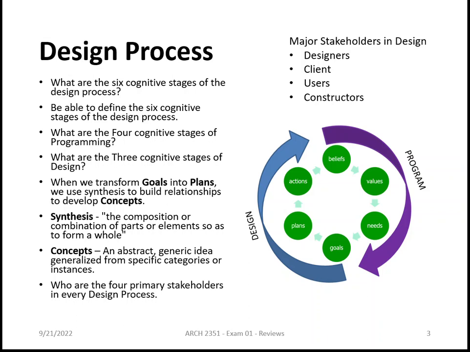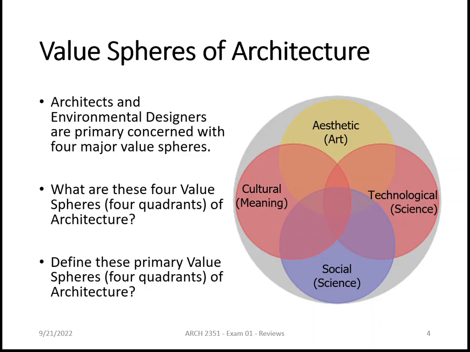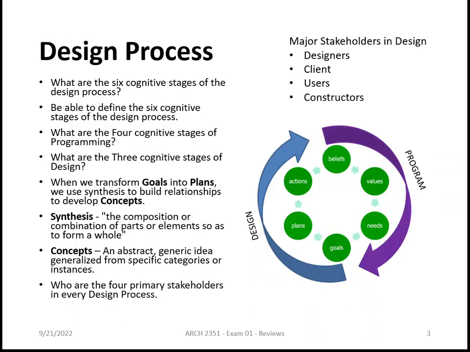Design process. What are the 6 cognitive stages? You need to know what those are. You need to know what the 3 of design are: goals, plans, actions. What the 4 programming ones: beliefs, values, needs, goals.